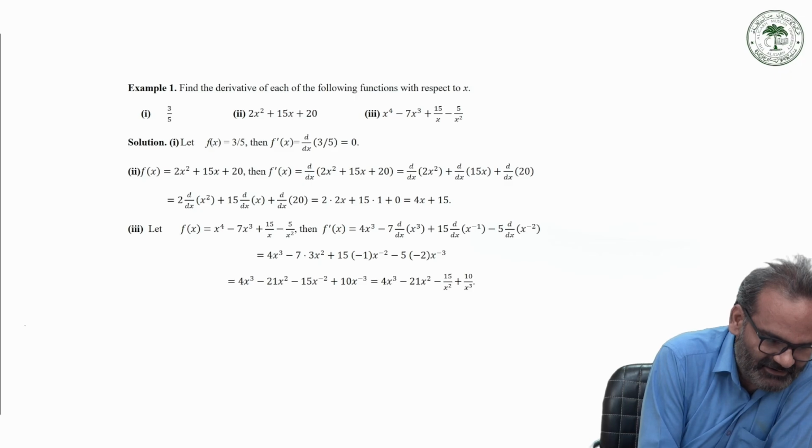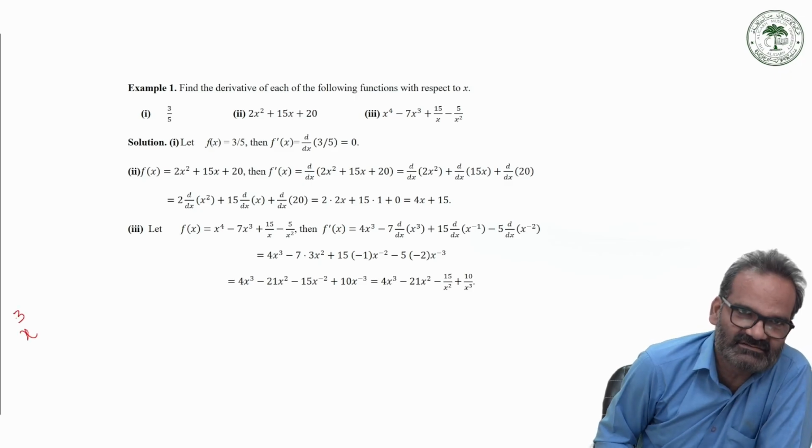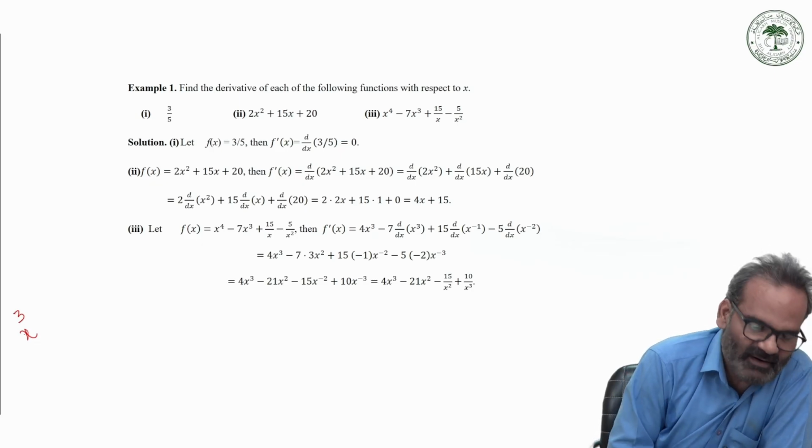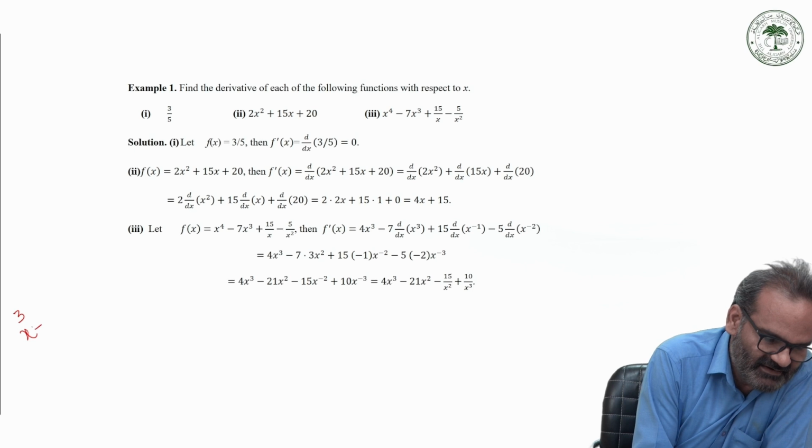Say I write x power 3, take the example of the first formula, x raised to the power n. You want to calculate the derivative of x power 3. Its derivative by the formula is 3x power 3 minus 1, right?